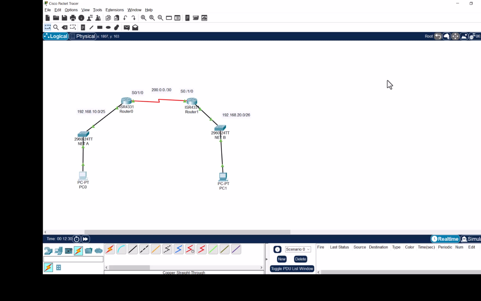So if the administrative distance of the static route is higher than that of the EIGRP, then the static route would be used as a backup secondary route only, and it will be activated only if the first route, which is EIGRP in this case, fails.